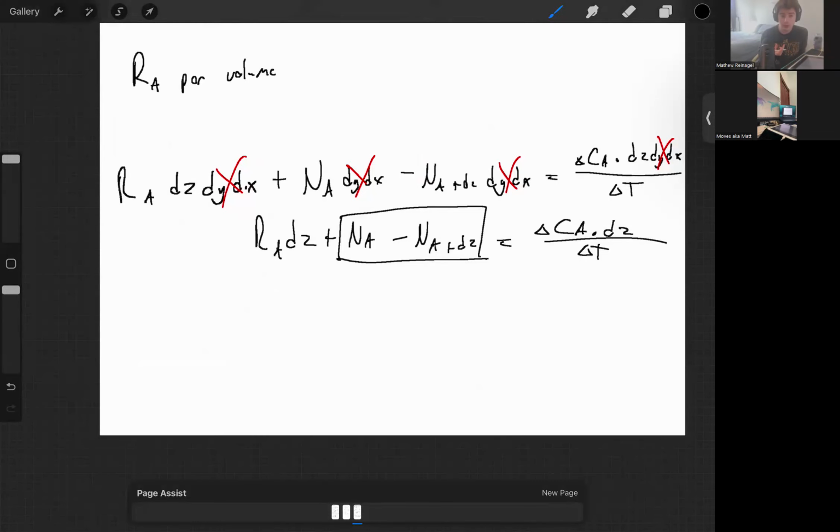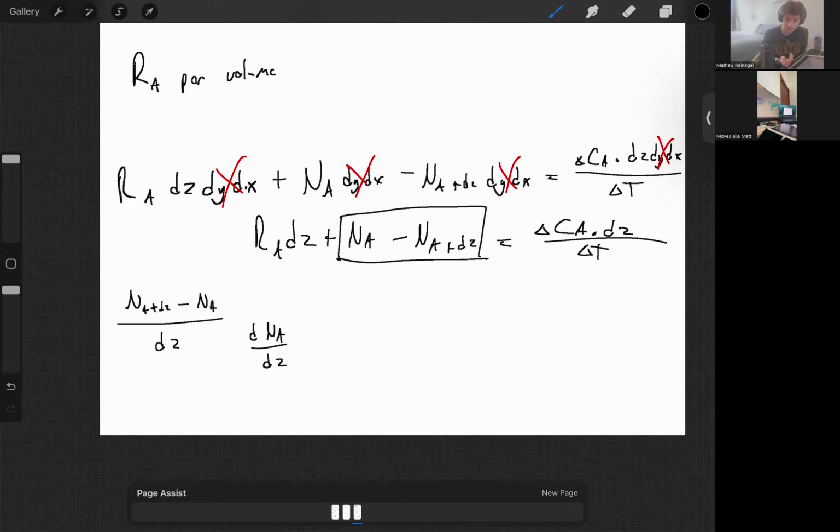What I'm going to do is divide every term by dz. The reason is that if I take this and flip the sign, I'm going to say that this is N_A at z plus dz minus the molar flux of A, and then divide this by dz. This is actually a first derivative, so I can simplify this to the derivative of molar flux with respect to the z direction.